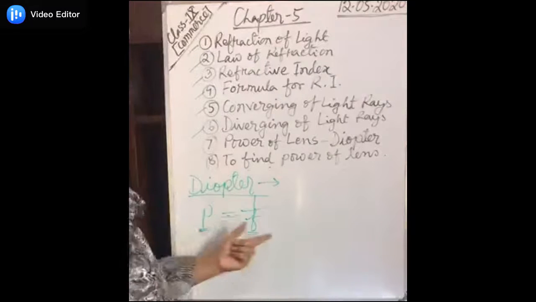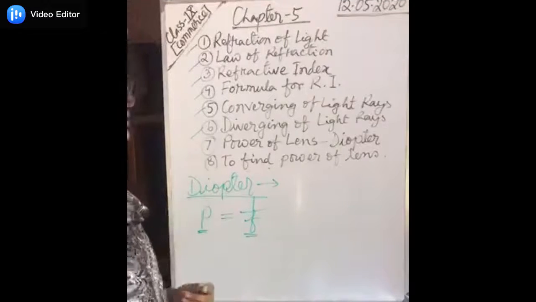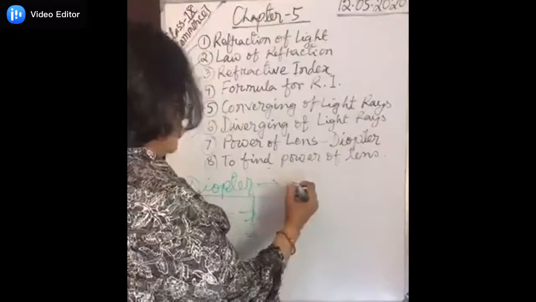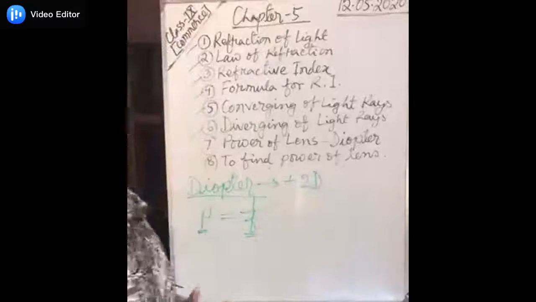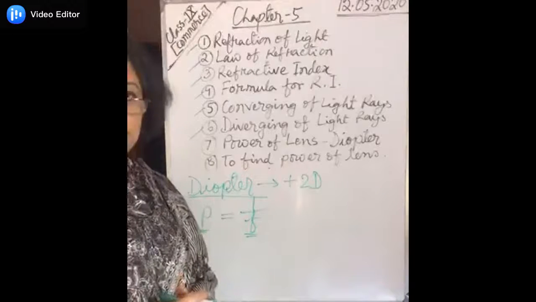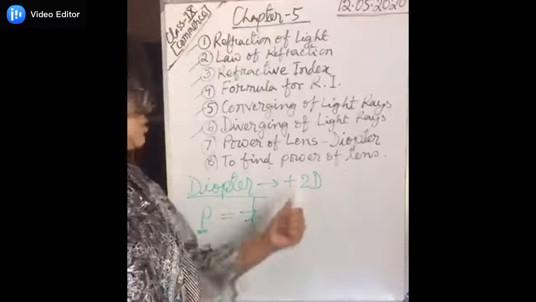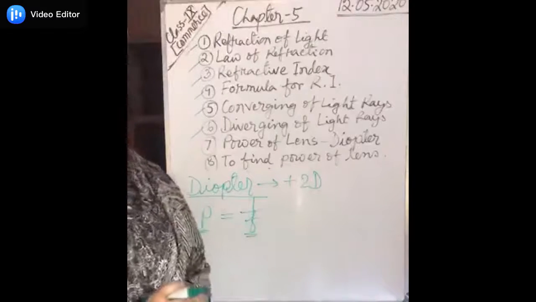If you know any one of the values, then you can find the value of the power of the lens. Suppose I show you one worked example: the power of lens is 2D. What does it mean? Is it operating in a concave lens or in a convex lens? See the plus sign, you can consider that this operates in a convex lens.